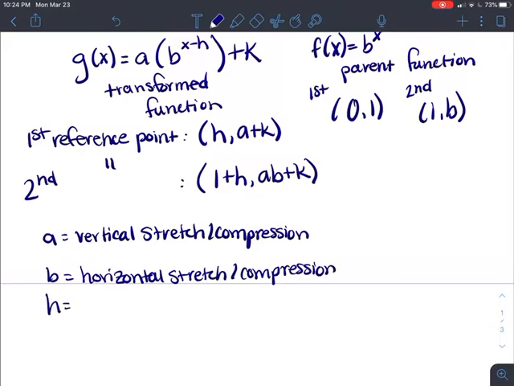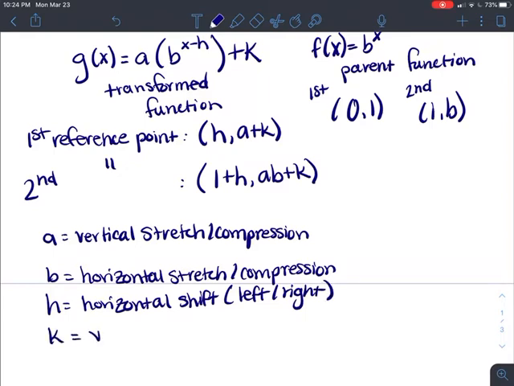H is our horizontal shift. So this means that we'll move either to the left or right. And K is our vertical shift, meaning we will be going up or down.